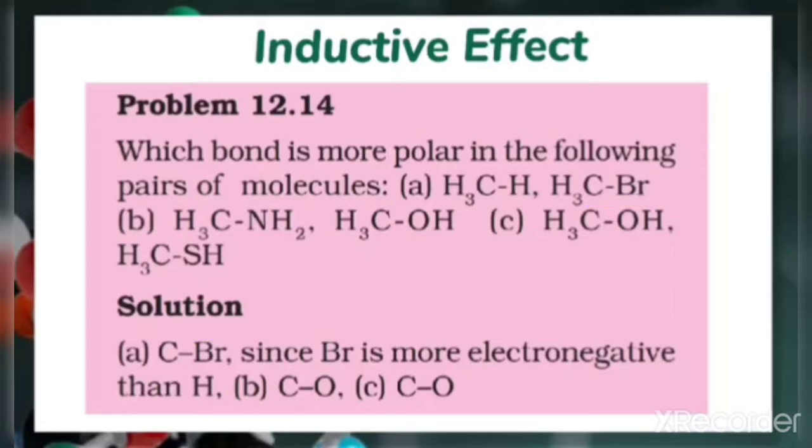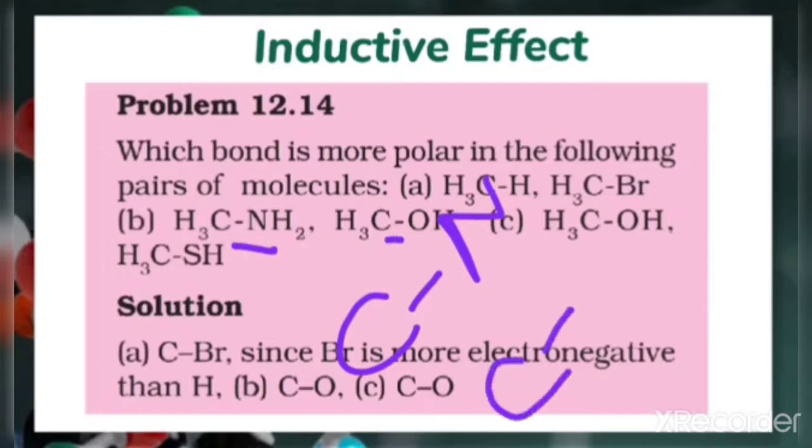Let us take the second case, the B case. In this case, what is given to us? C-N and the second bond is C-O. So here C-N and C-O. Now both have carbon on one side, but one is nitrogen and one is oxygen. So which is more electronegative, nitrogen or oxygen?